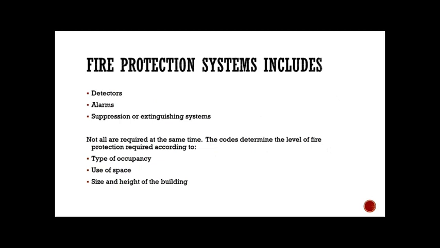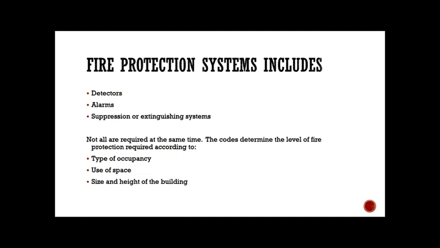So remember, our fire protection systems include detectors, alarms, and suppression or extinguishing systems. Not all are required at the same time. Codes determine the level of fire protection required according to the type of occupancy that we have, the use of the space that might be there, and the size and the height of the building.